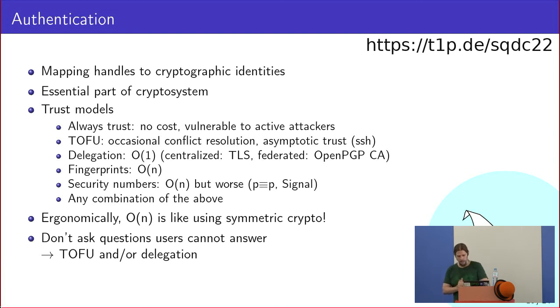And if you're doing that, from an ergonomics perspective, you could be doing symmetric crypto, which is much, much easier to implement and reason about. So for me, you should be doing better than requiring a linear cost in terms of the number of contacts. For me, that means either do TOFU or do some kind of delegation.